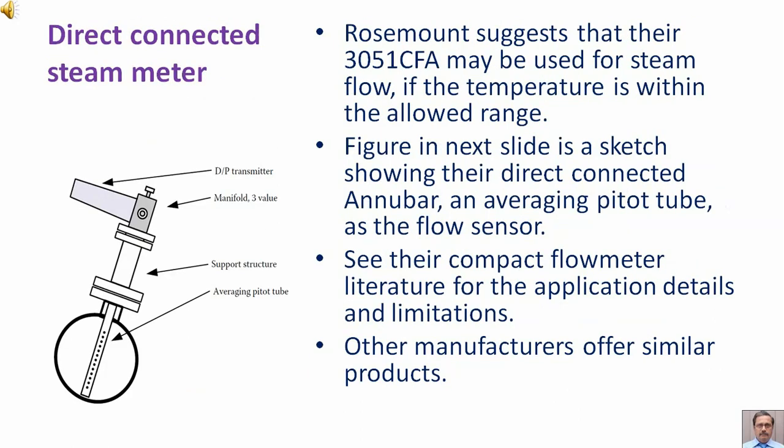Direct connected steam meter. Rosemount suggests that their 3051 CFA may be used for steam flow if the temperature is within the allowed range. The figure in the next slide is a sketch showing their direct connected annubar, an averaging pitot tube, as the flow sensor.